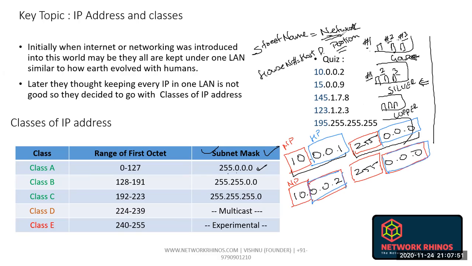Now network portion I compared with street name, right? If I have 3 houses having same street name, they belong to same street. Similar to that, when I have two IPs with same network portion, see 10 here and 10 here, in that case I can say they belong to same LAN network.